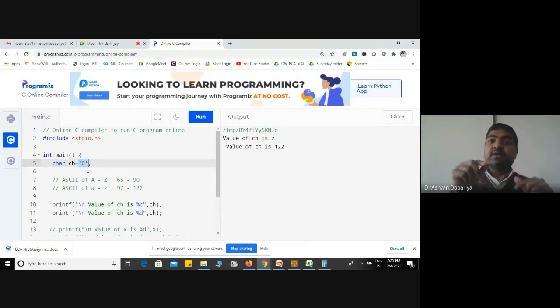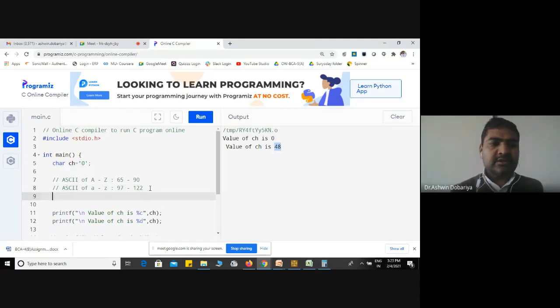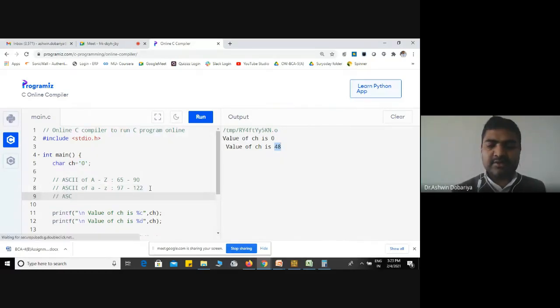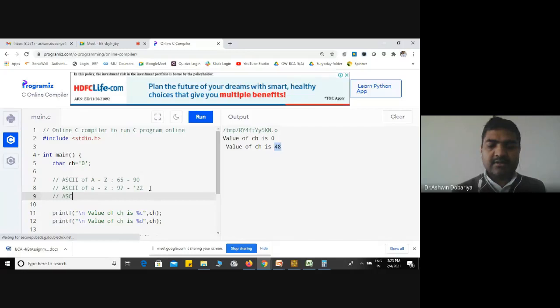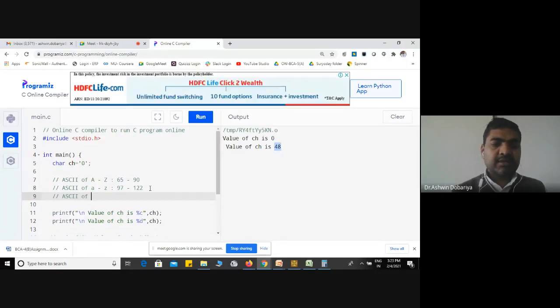So here 0 is considered as a character. So 0 also has an ASCII. So 48 is the ASCII of 0. See, the ASCII of 0 is 48. So number keys also have ASCII. Right? The ASCII of numbers, it means 0 to 9.